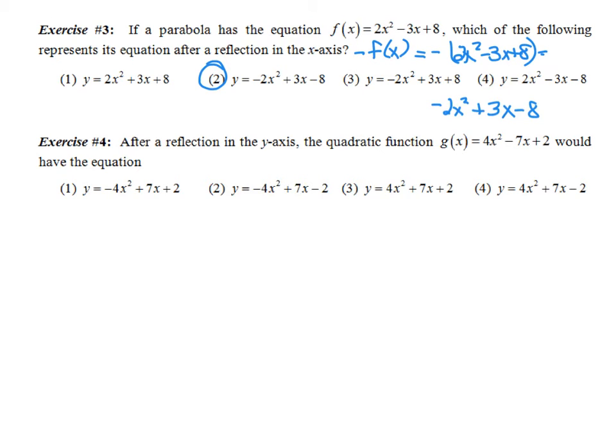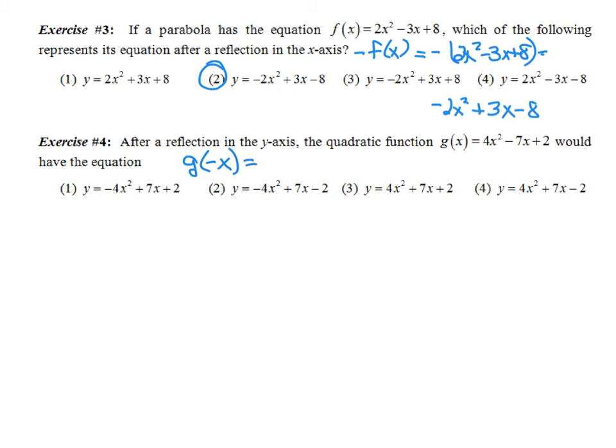In exercise number 4, we are told that we want to do a reflection in the y-axis. So we're starting with the quadratic function g of x is equal to 4x squared minus 7x plus 2. So if I'm doing a reflection in the y-axis, that means that I want to find g of negative x.